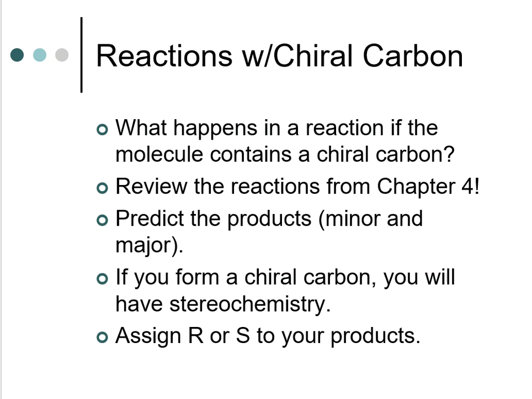Or triple bond breaks down to a double. Then the double bond breaks down to a single. Folks, all of those will generate products. We know that. We've been writing them down. We've been predicting them. We've been naming them. All of that was all involved in the alkyne and alkene reaction modules.